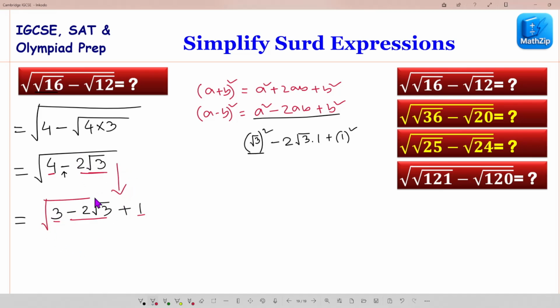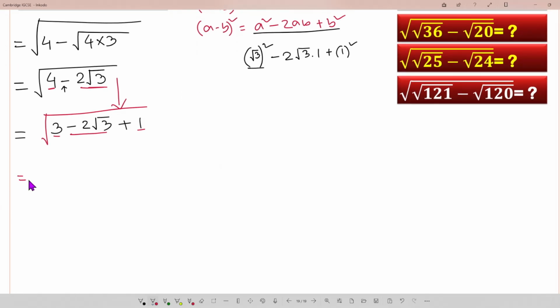And here is under root. Now we can write root 3 square minus 2 root 3 times 1 plus 1 square, under root. Now what is this?